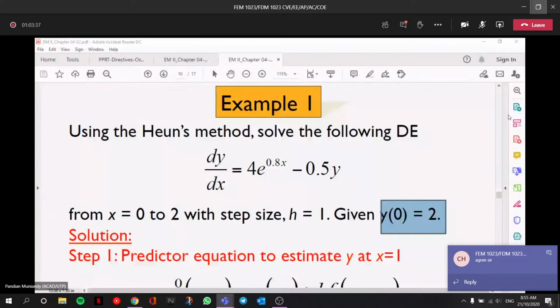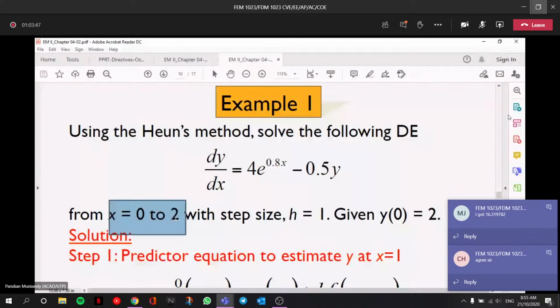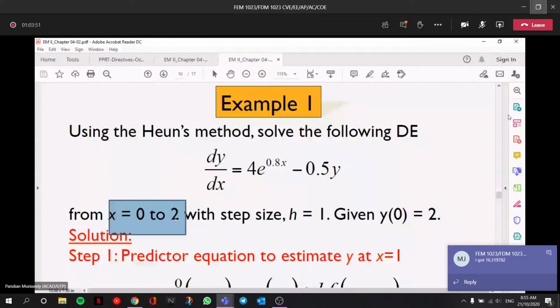Agree. Okay, thank you, Chia. Okay. Now, when x approach to 2, you have to stop. You no need to proceed to x equals to 3 unless you ask to do so.